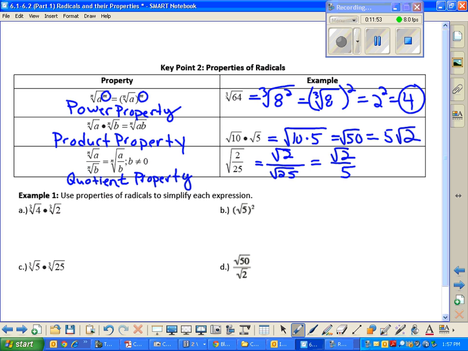So when the directions say simplify, you need to think of the power, product, and quotient properties for radicals. Questions about those properties? What's up, Alec? Oh, right there.